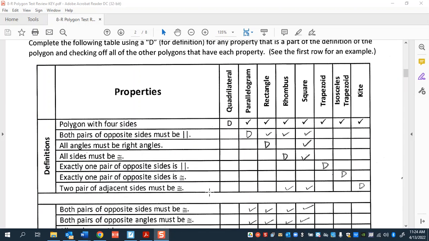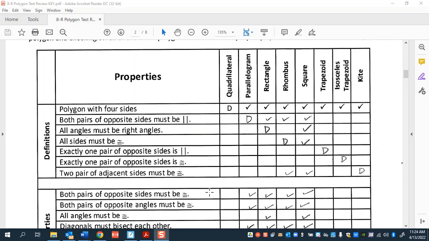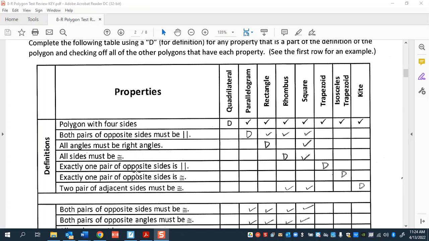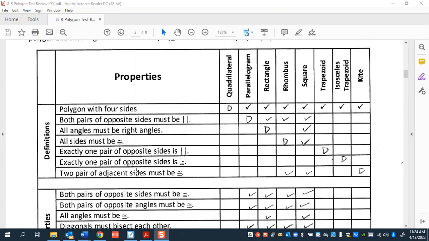So Rachel asks for this next page, what are the D's for? So you know how we've been highlighting what the properties are, and this D represents the definition. So by definition, a quadrilateral is a polygon with 4 sides. But then all of these are also quadrilaterals.